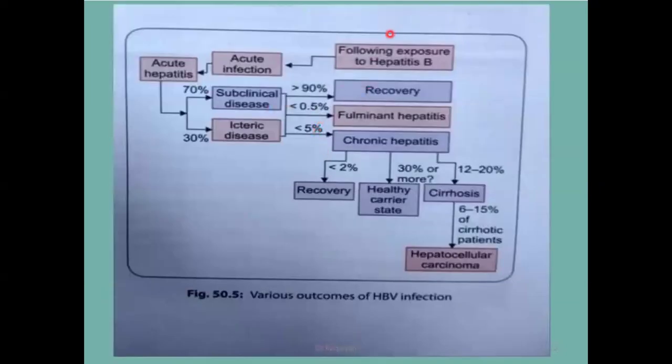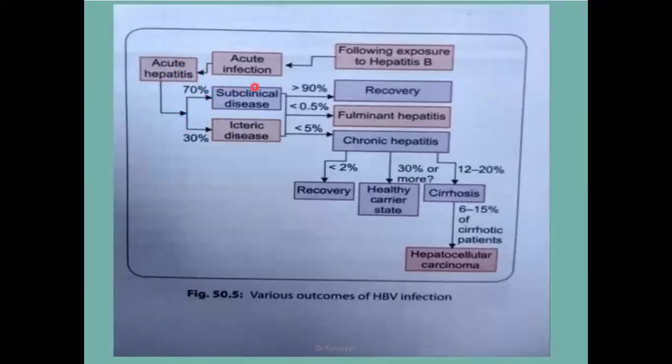So here is the flow chart. Let's say you've got exposure of hepatitis B, you develop an acute infection, then you can get acute hepatitis. When you get acute hepatitis, it can cause subclinical disease or icteric disease. Subclinical means that you're sick, but it is subclinical.